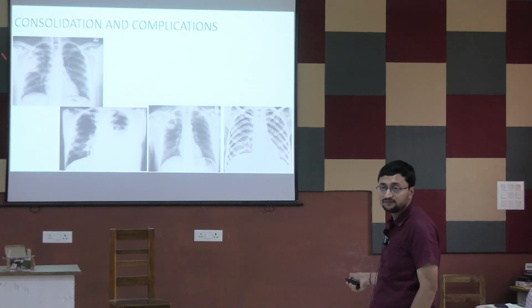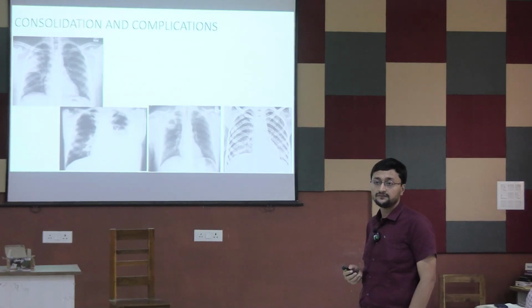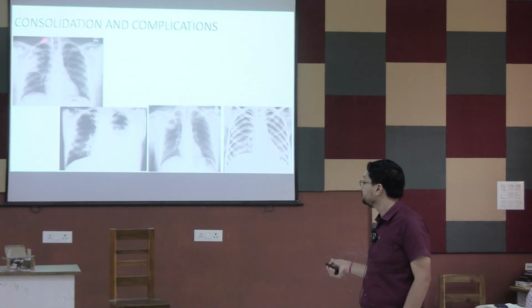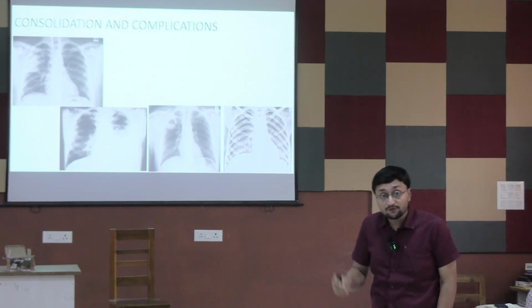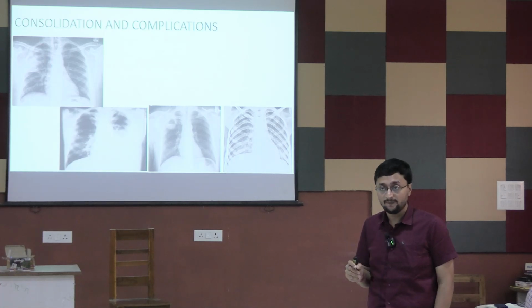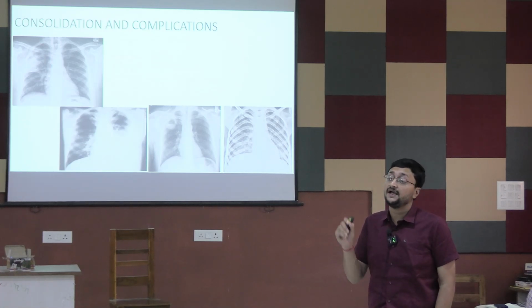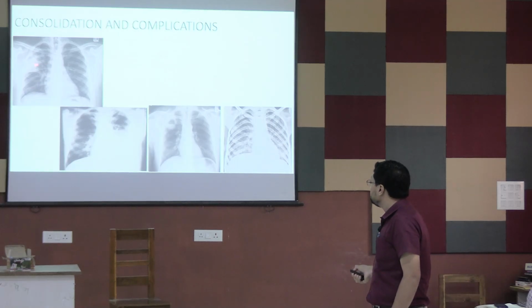What is this X-ray? Can you describe that X-ray? There is an inhomogeneous opacity at the right middle zone with presence of air bronchogram. Look, these are the air bronchograms.